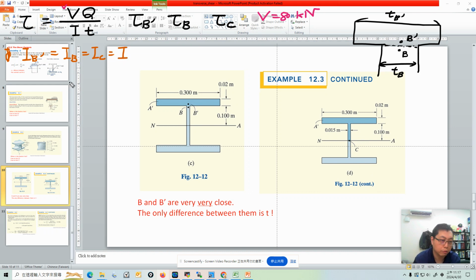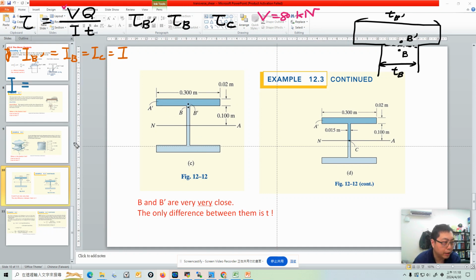Next we have to calculate I. What's the I of this cross-section area? First of all, this is a complicated shape. To calculate the moment of inertia of a complicated shape, you have to divide your complex area into very simple pieces.